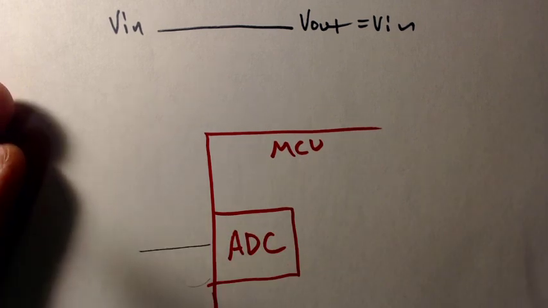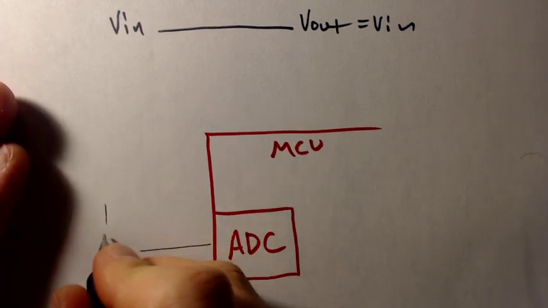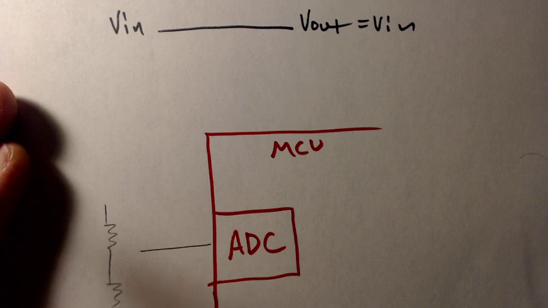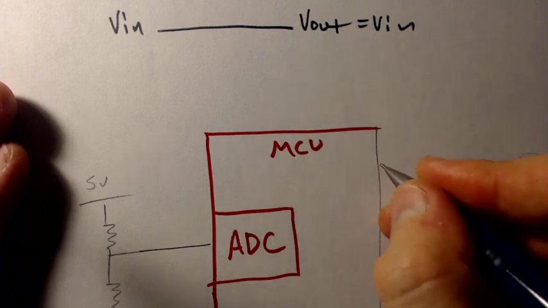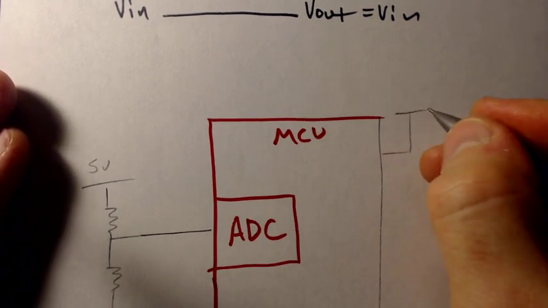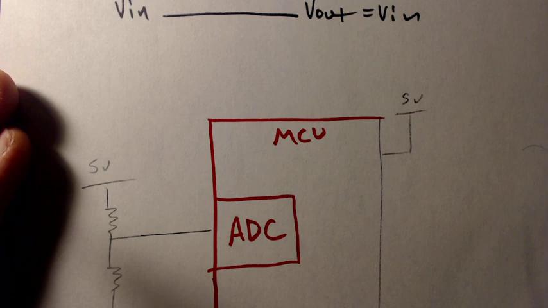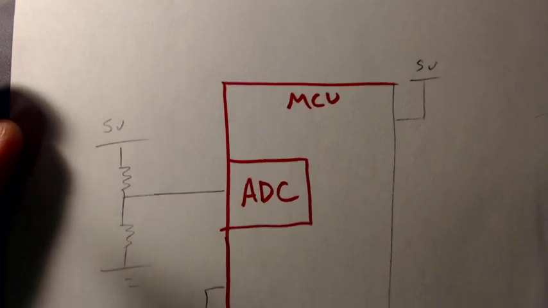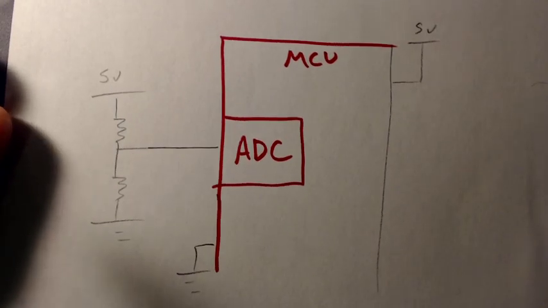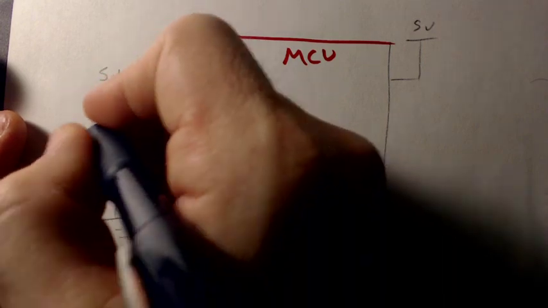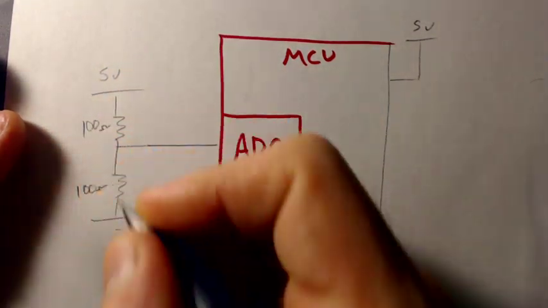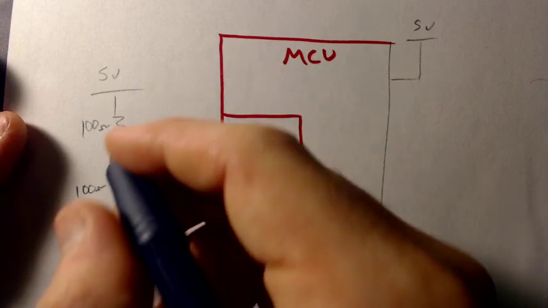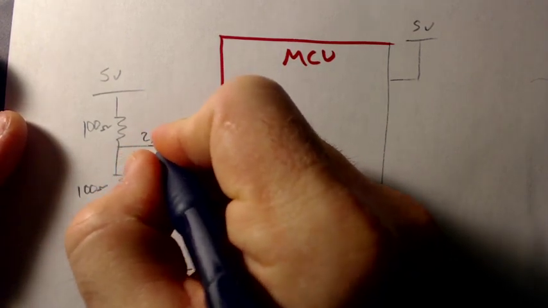And let's just say that input from an analog pin, let's just create a voltage over here. Let's say our MCU is powered off of 5 volts and 0 volts. And let's go ahead and say I have 100 ohms here and I have 100 ohms here. I just created a voltage divider. That gives me a voltage here of 2.5 volts.